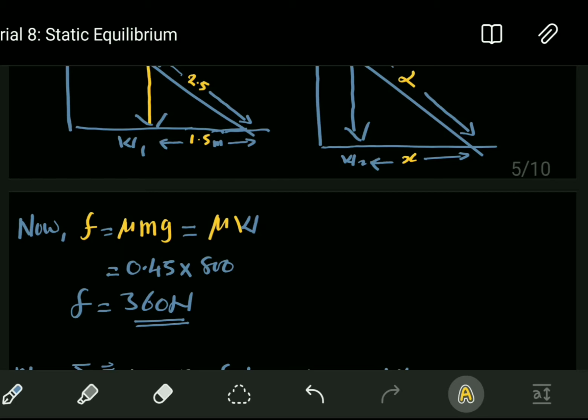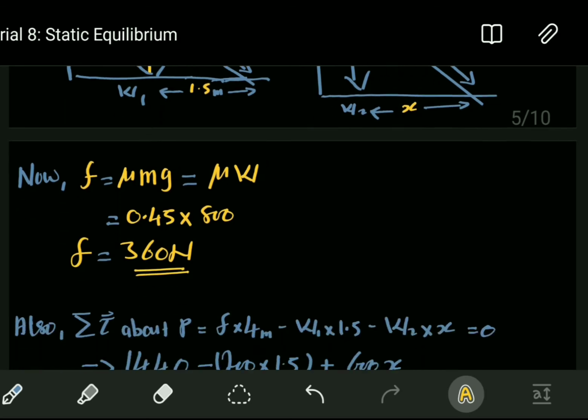That will give us the total friction force. So we have to combine the weights, both that of the man and that of the ladder. Then we can find our frictional force to be the coefficient multiplied by the total weight, giving us a frictional force of 360 newtons.